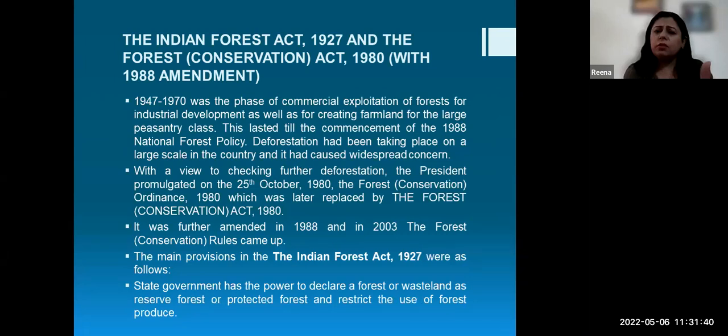In the nomenclature itself, the word conservation was added to give significance to this amendment regarding the provisions of conservation. In those provisions, the state government declared the forest or wetland as a reserve forest or protected forest. So there were provisions for the protection and reservation of certain areas of forest, and restrictions on the use of forest produce.